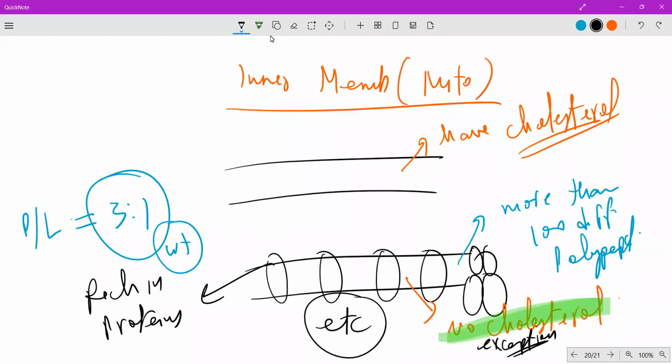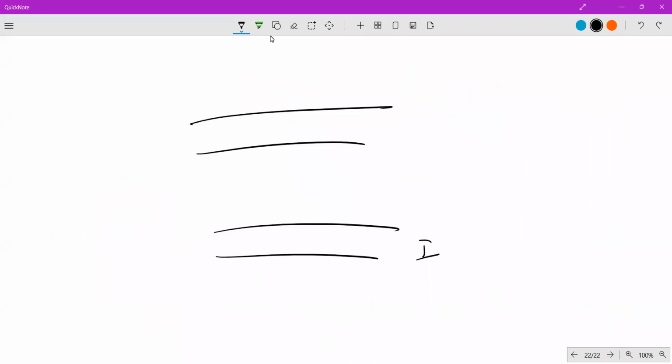Now the question is, when we are talking about the inner membrane, the inner membrane is found to have a special phospholipid. And what is that?